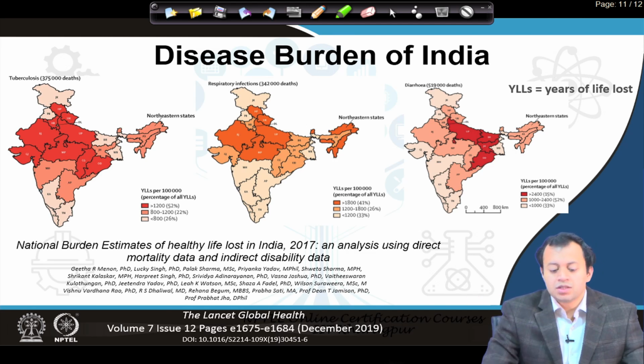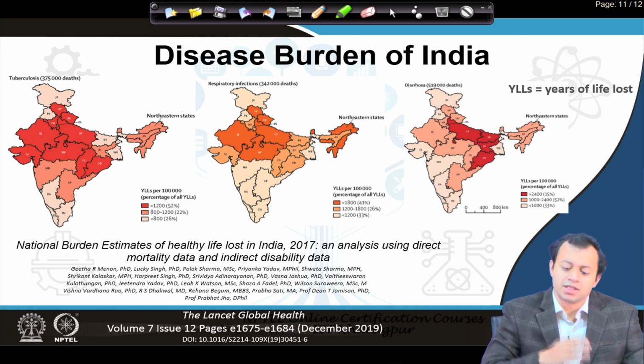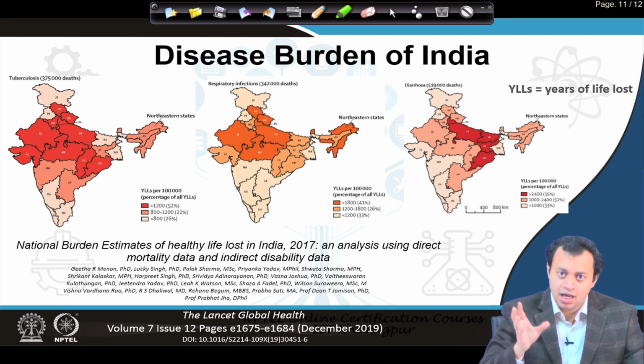So, instead of the death rate per se, years of life lost gives you information on how many young people are dying, how much premature death is happening, and we are having 375,000 premature deaths due to tuberculosis. Tuberculosis has been completely eradicated in several European and North American countries.